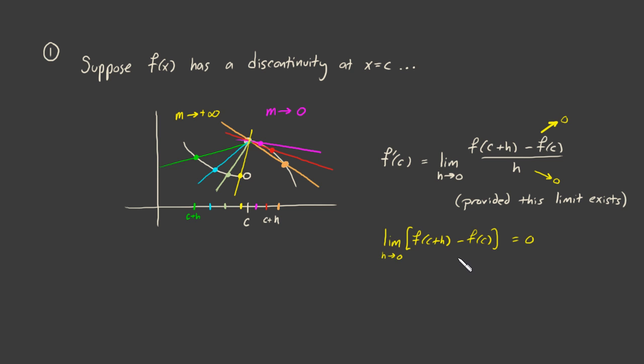But then you have the limit of this, right, the numerator, equals 0 as h goes to 0. This, of course, is a difference of limits, since it's a limit of a difference. So let's split it up, like so. Now notice, this expression here doesn't even have an h in it. So as h goes to 0, this is constant as far as h is concerned.